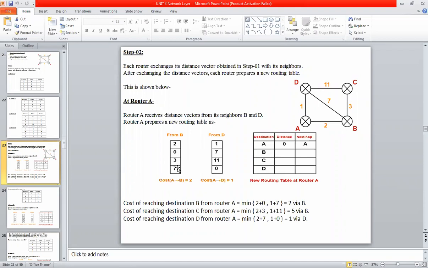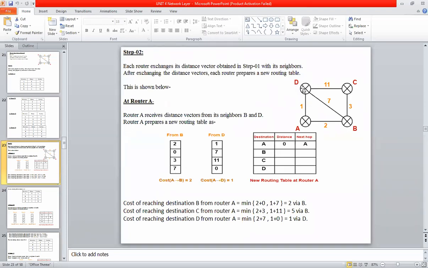So for router A we are updated: A to B is 2, B to B is 0, B to C is 3, and B to D is 7.